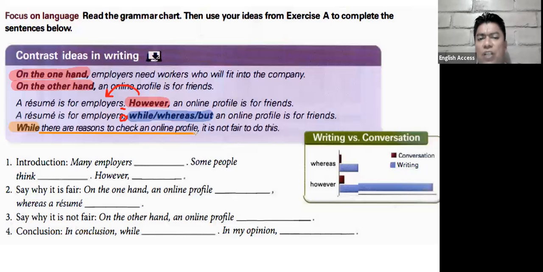There are reasons to check an online profile, comma. And then it is not fair to do this. Look how this means this. Yes? In this sentence, what is it?